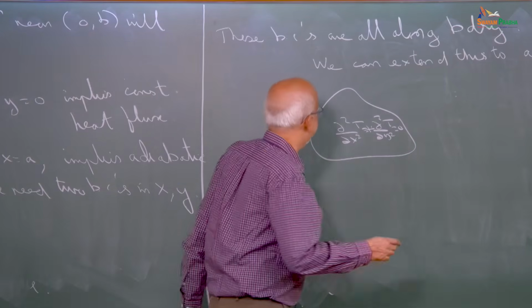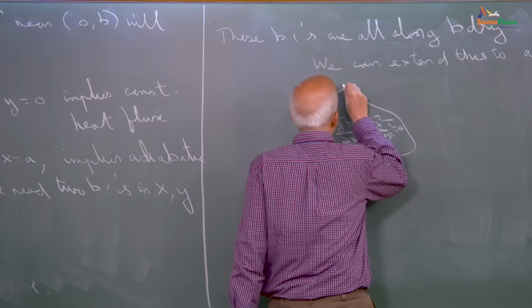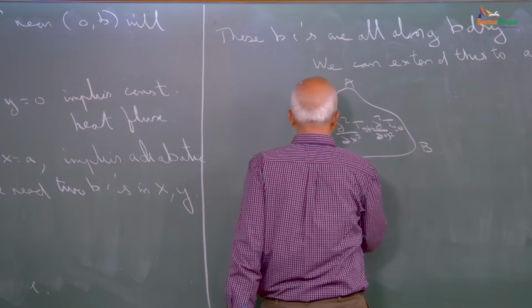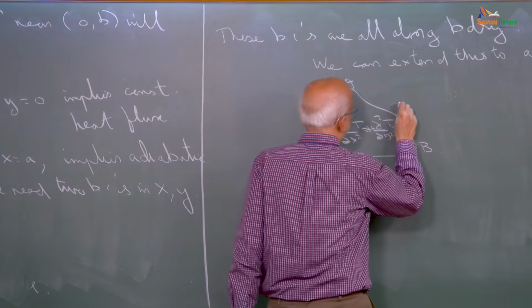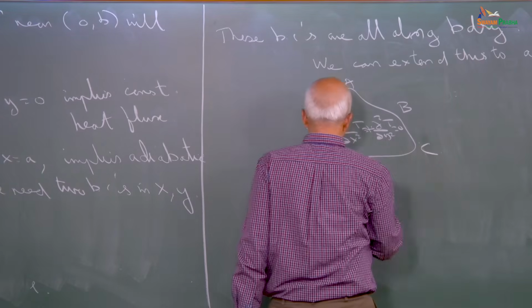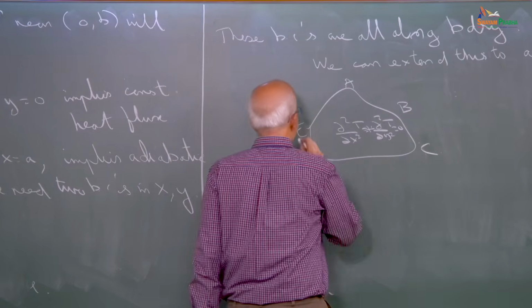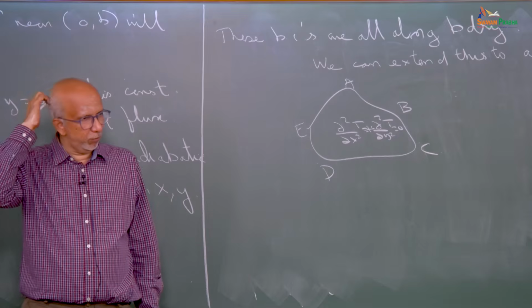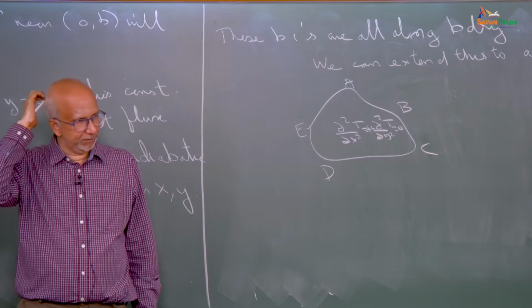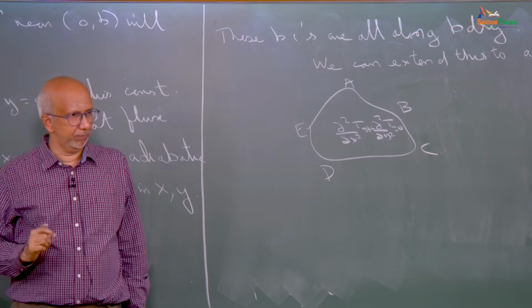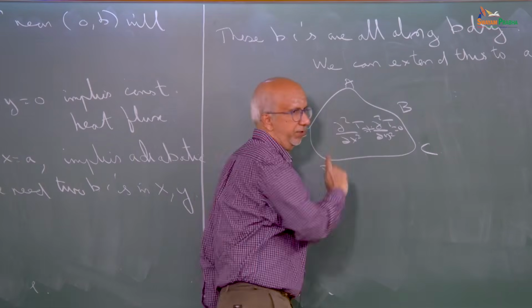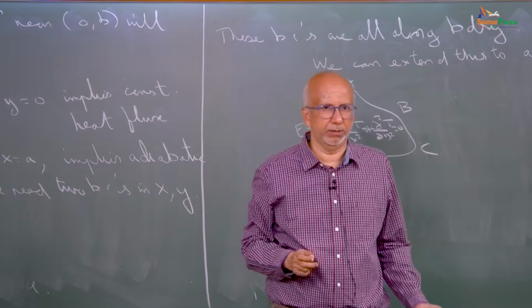So, let us say this is the boundary a, b, c, d, e. I want to find out again what the temperature profile is inside this arbitrary shaped body. So, I need to specify boundary conditions everywhere on the boundary. That is the point I am trying to make.